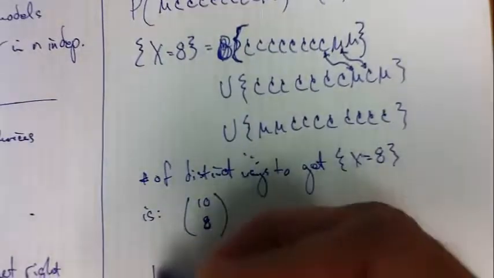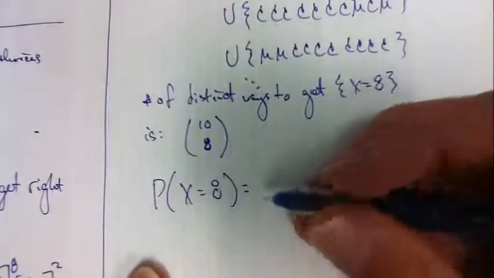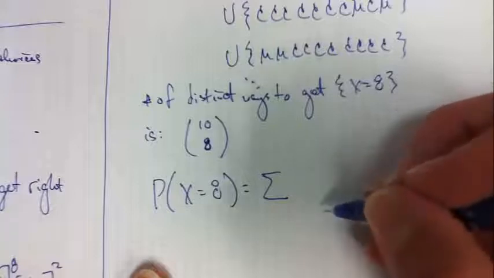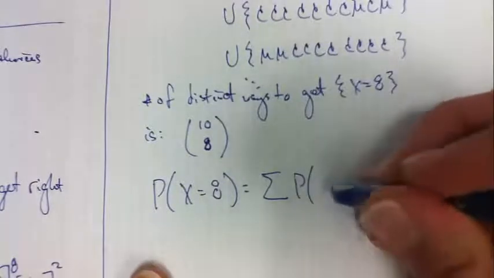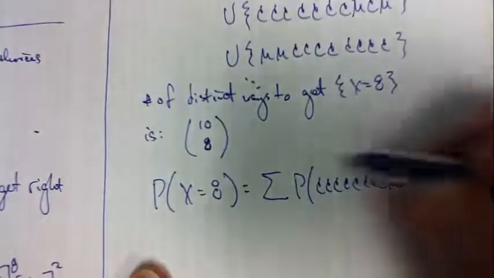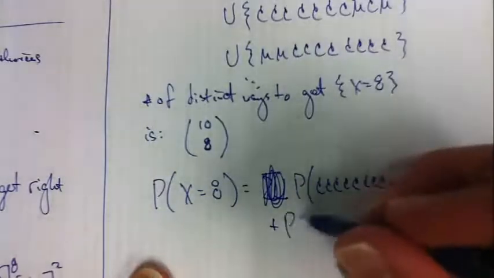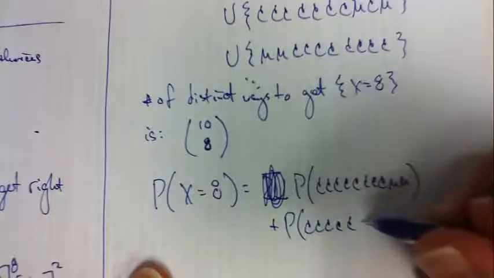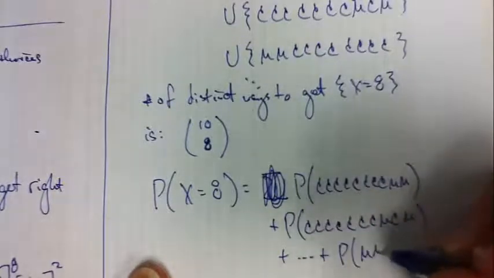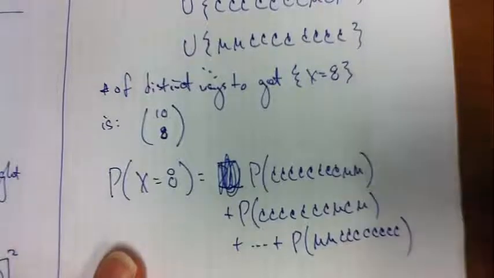Okay, so the chance that I get exactly 8 correct, isn't that just going to be the sum of the probability of the first outcome, plus the probability of the next, plus dot dot dot, plus the probability of the last?